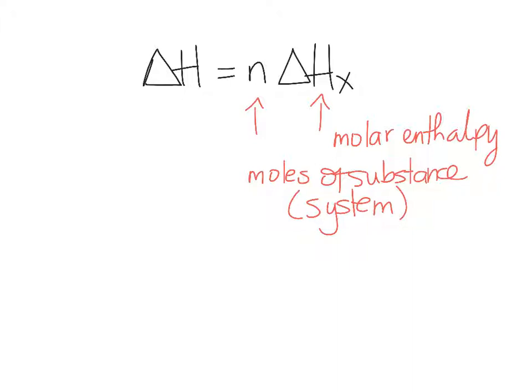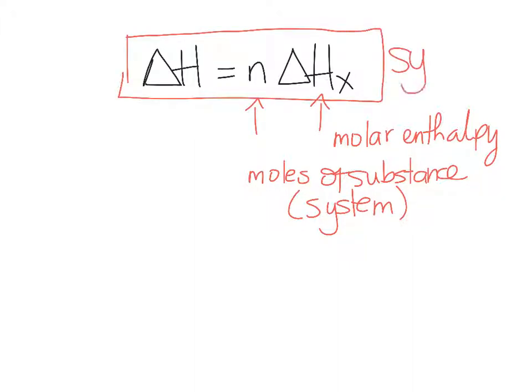This whole relationship refers to our system. So the moles of your substance is going to be the moles of your system. What are you doing? If you're dissolving sodium chloride in water, it is the moles of sodium chloride. If you are combusting propane, it is the moles of propane.